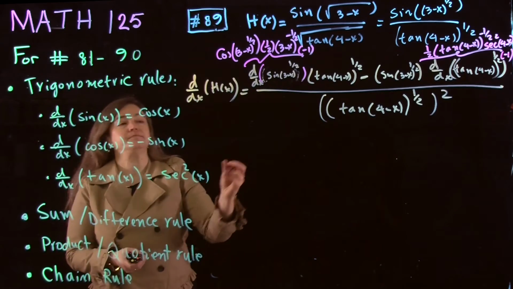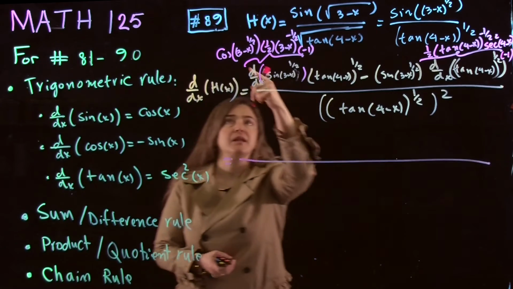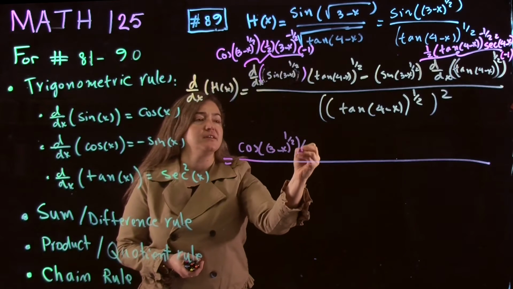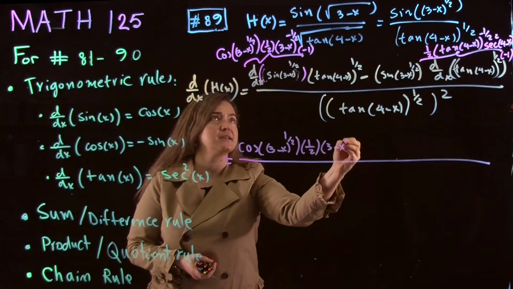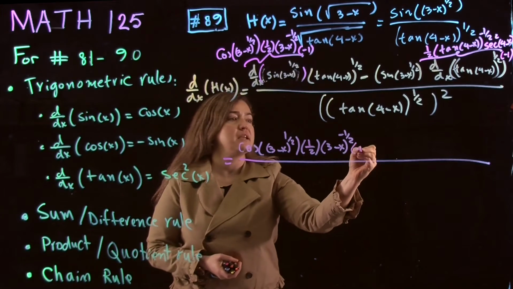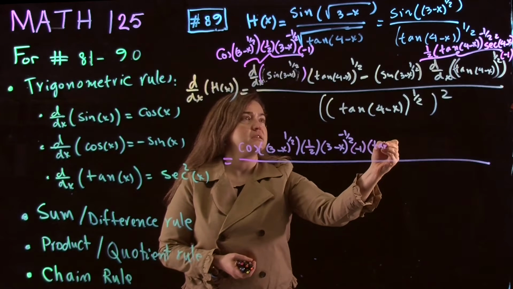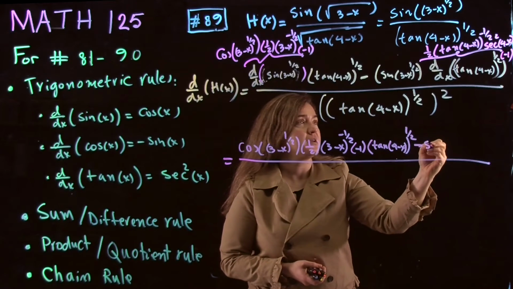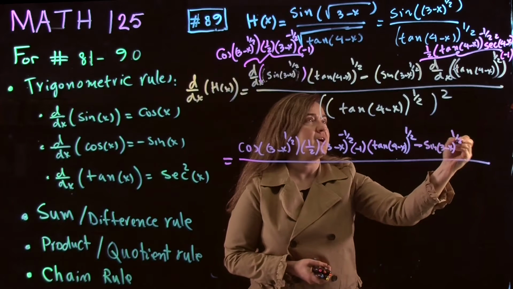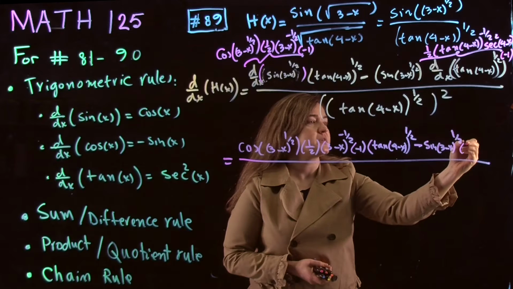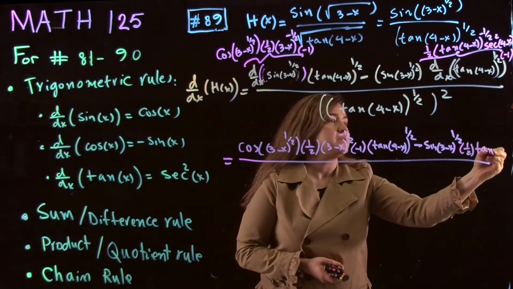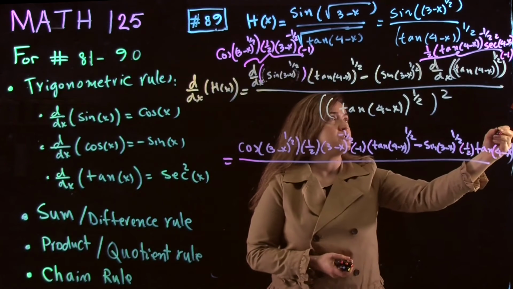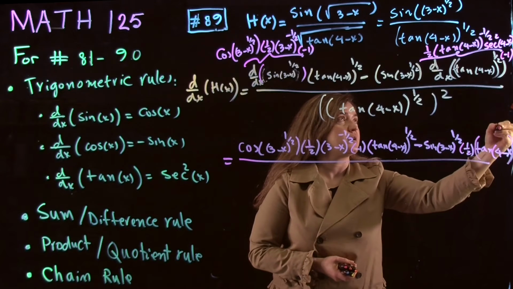Rewriting this entire thing, we end up with cosine of (3 minus x) to power 1/2 times 1/2 times (3 minus x) to power -1/2 times -1 times tangent of (4 minus x) to power 1/2, minus sine of (3 minus x) to power 1/2 times 1/2 times tangent of 4 minus x to power -1/2.